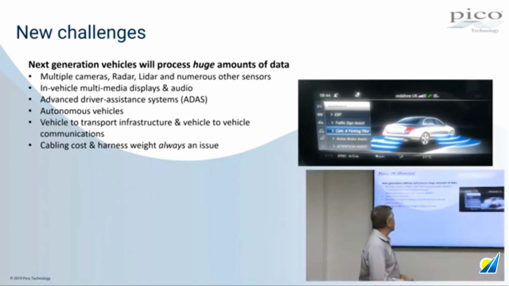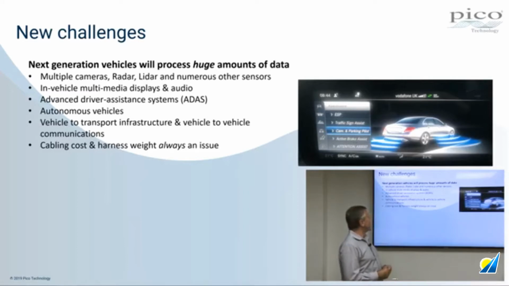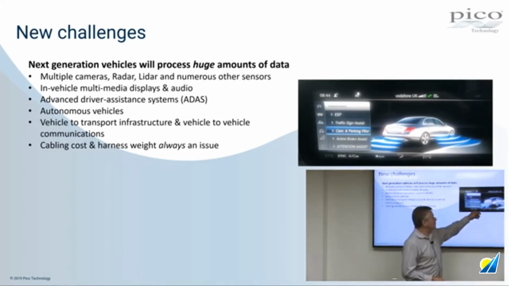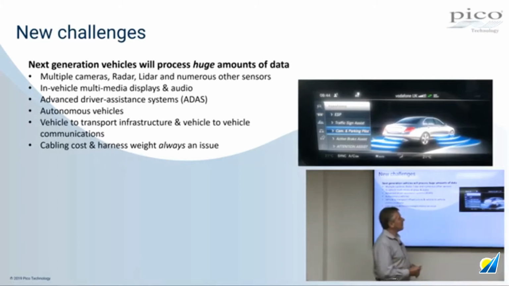But there's a fresh set of expectations and demands that we as users and drivers of these vehicles are expecting. So the next generation of vehicles really will become, in effect, mobile data sensors, and they will process huge amounts of information. There are all sorts of sensors to detect proximity to obstacles and other vehicles and that sort of thing.